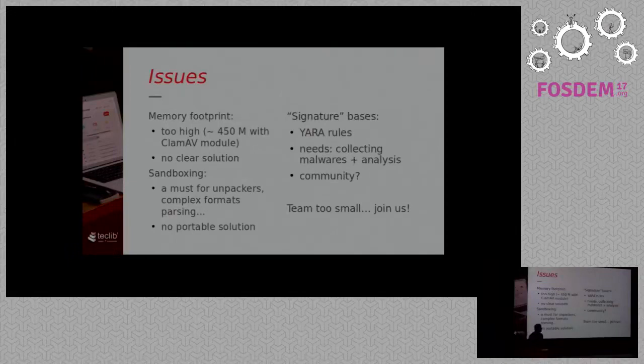And so how to do that? Well, there are two solutions. The long-term solution is to have an automated process of analyzing collected malware coming from whatever means, honeypots, spam, and so on, or the community, for instance, through the IRMA site, and automatically produce rules for recognizing this malware.